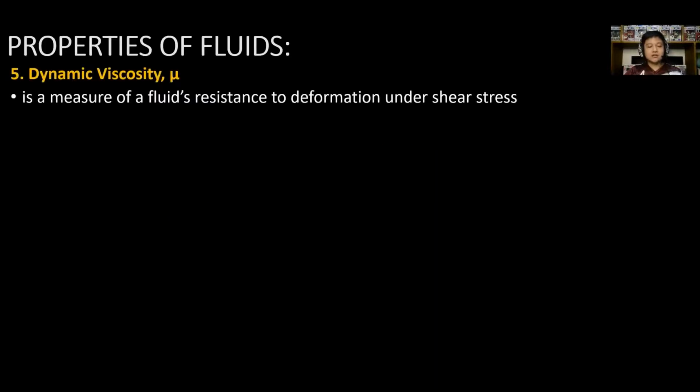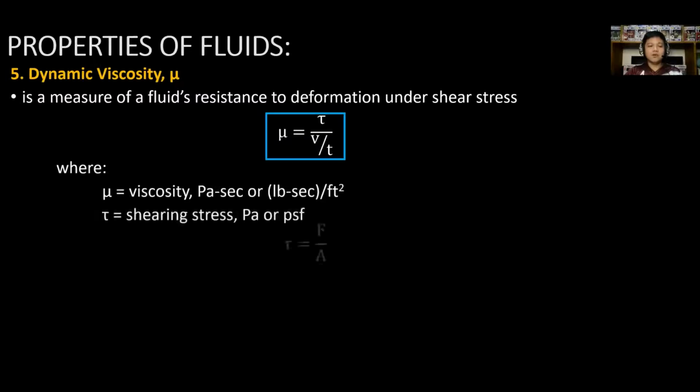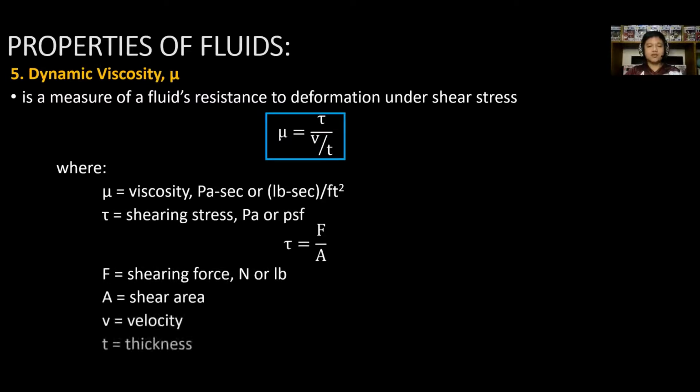So let us consider the fifth property. The dynamic viscosity, represented with the Greek letter mu, is defined as the measure of a fluid's resistance to deformation under shear stress. In formula, mu is equal to tau over v over t, where mu is the viscosity with units Pascal second or pound second per square foot.